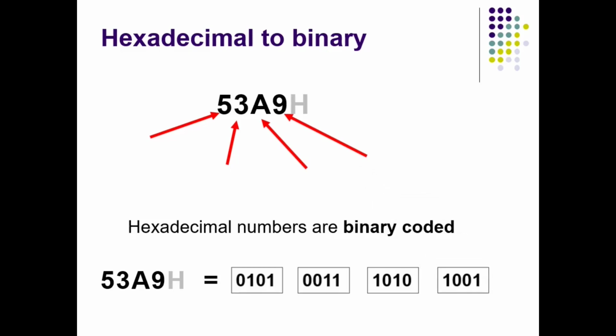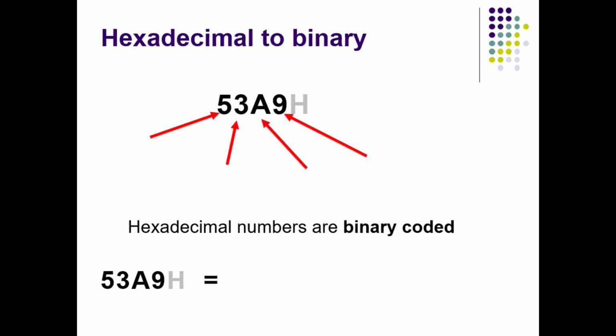We club it together, and that's actually 53A9H in binary. So this is a very easy process. And also don't forget to give a suffix B at the end of the binary number. I hope you have understood this.